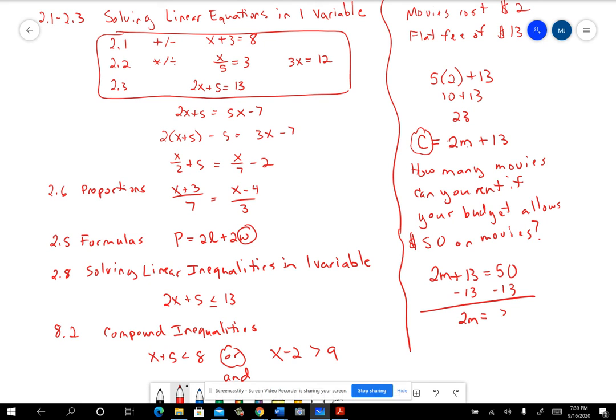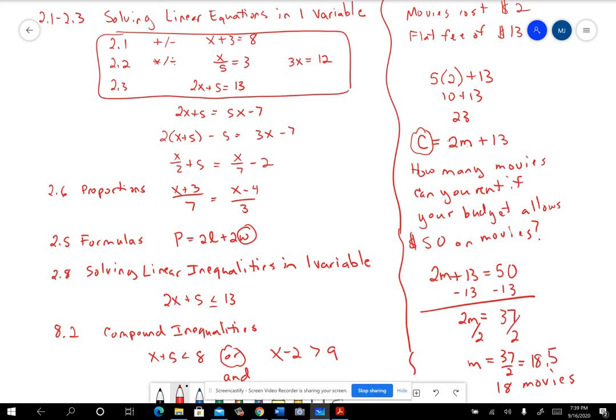And then once we do that, divide by 2. And we're not really having to pay attention to the context, like thinking about what the 13 is or what the 2 is. Okay, and we wind up getting 18.5, so we could rent 18 movies.